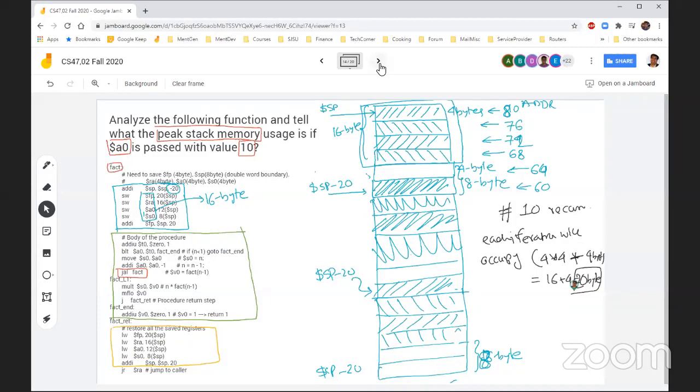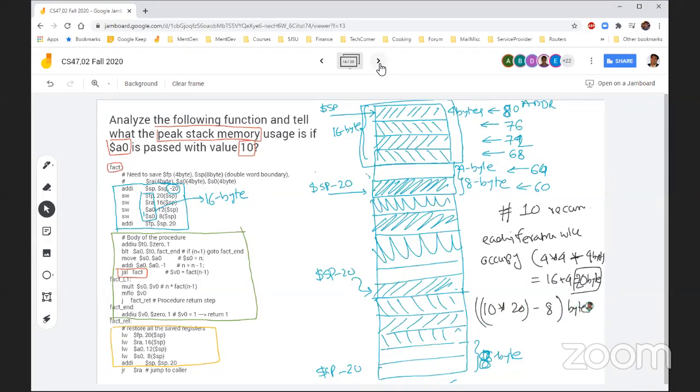All right. And now if it is a maximum depth of 10, then we don't need to accommodate this extra, right? This extra. So this is 8 bytes already. So what we need to do for the 10 is 10 multiplied by 20 minus 8 bytes.